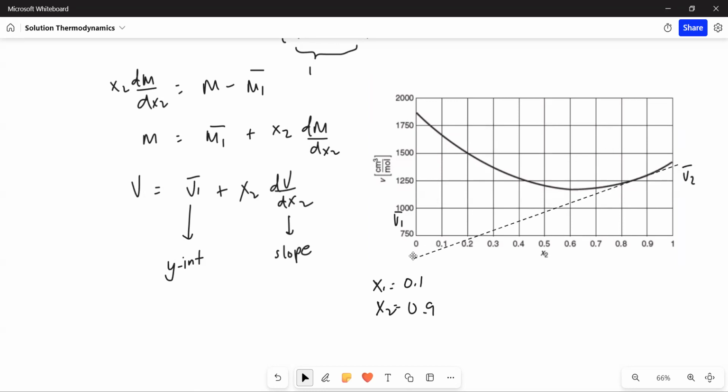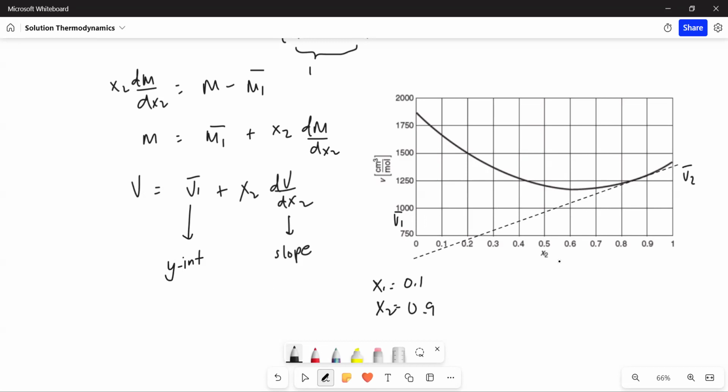Okay, so graphically, it seems that our V1 is, if this is 750, it's about 500. So 750, and this is about the same distance as this one.